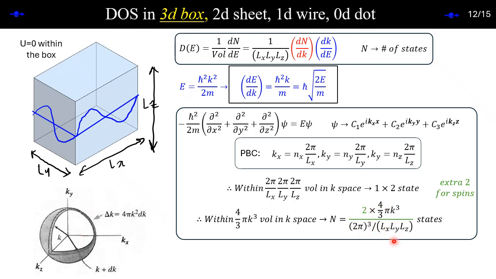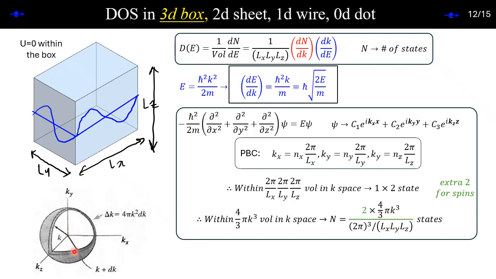Do you agree? Can I write it in this way? There is a volume of the sphere and this is the volume per solution. So this is the net number of solutions, meaning number of states. Next is simple. So now you get the expression n versus k, right?